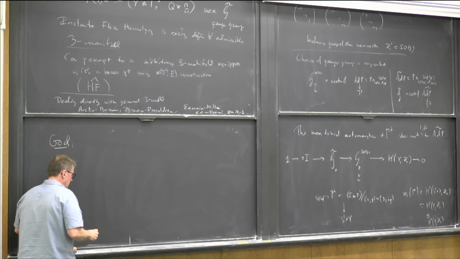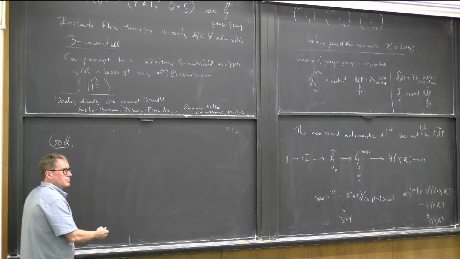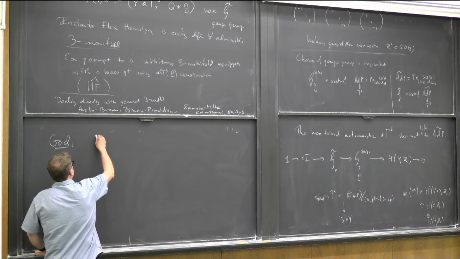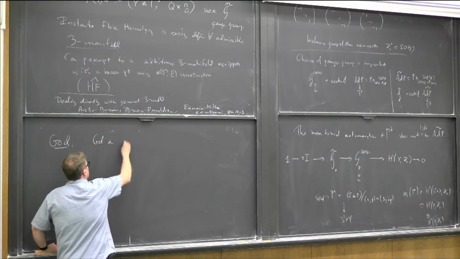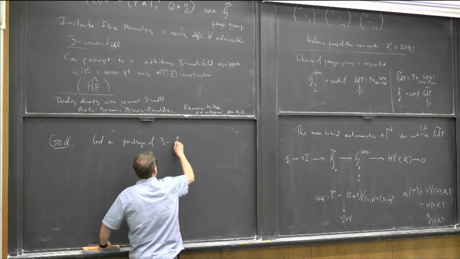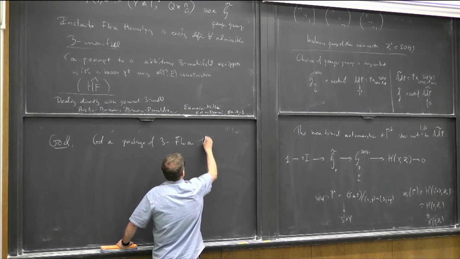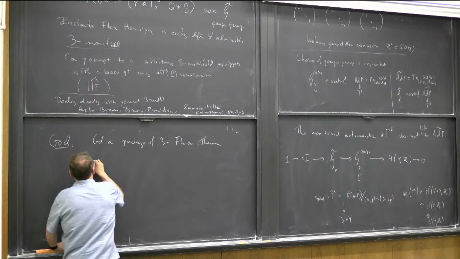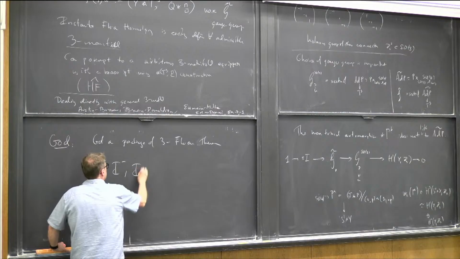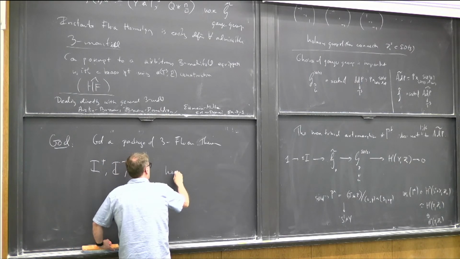The goal should be, now we understand much better than they did then what the goal is, right? We want to get a package of actually three Floer theories, if you will, an I plus, an I minus, and an I infinity.